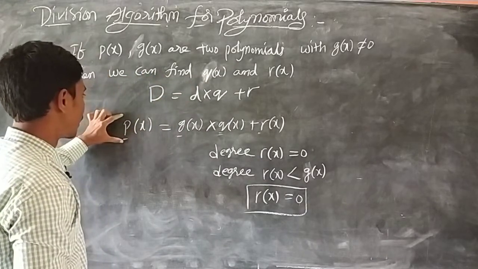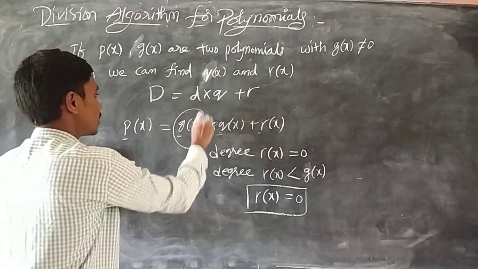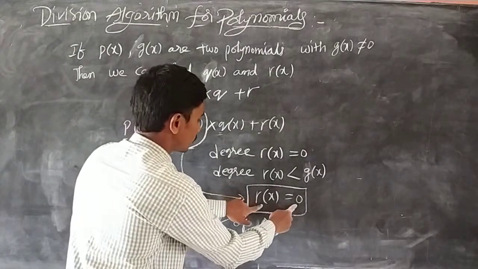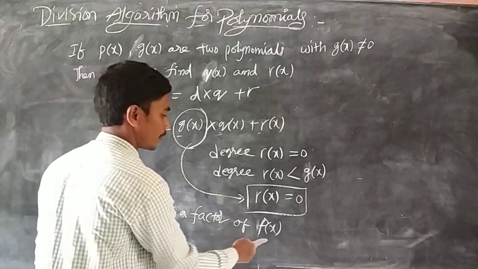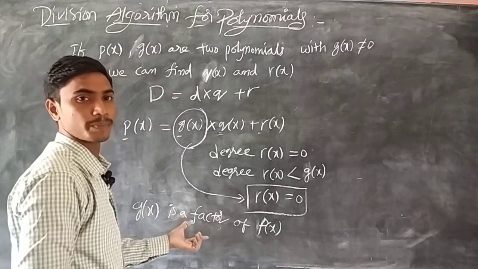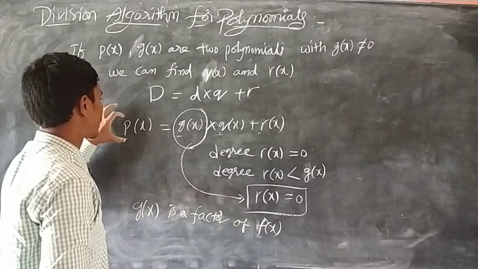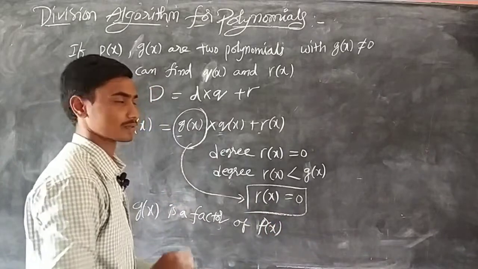Here the dividend polynomial, which means p of x, is perfectly divisible by g of x. In this case, g of x is called a factor of p of x or divisor of p of x. In this case, g of x completely divides p of x by leaving 0 as a remainder.